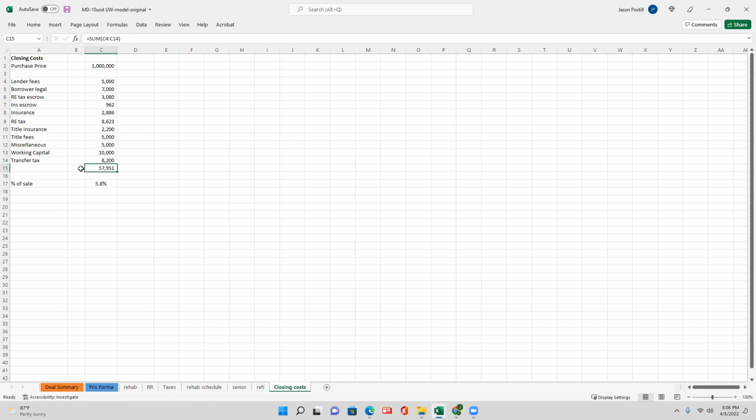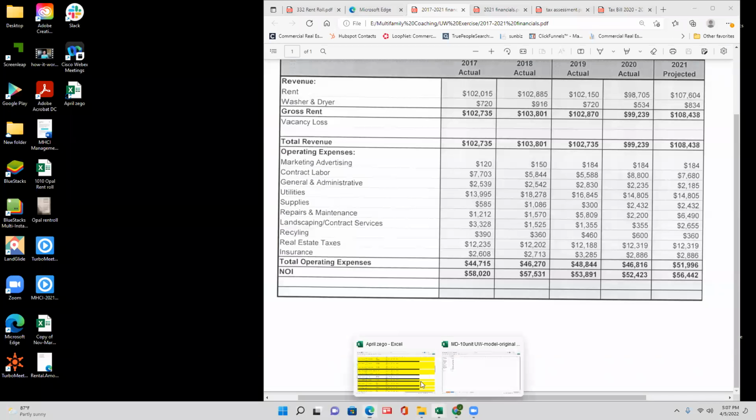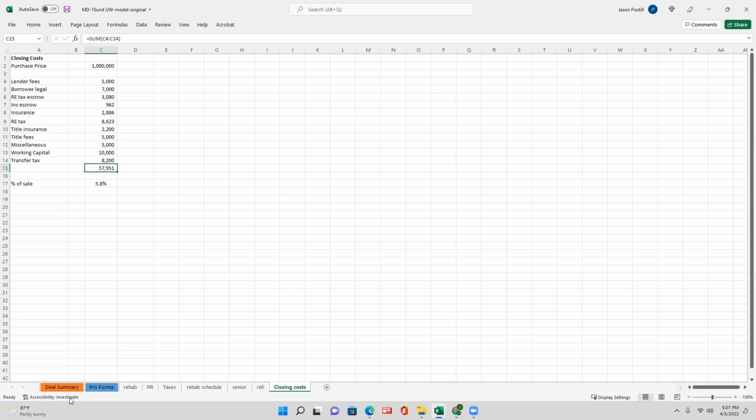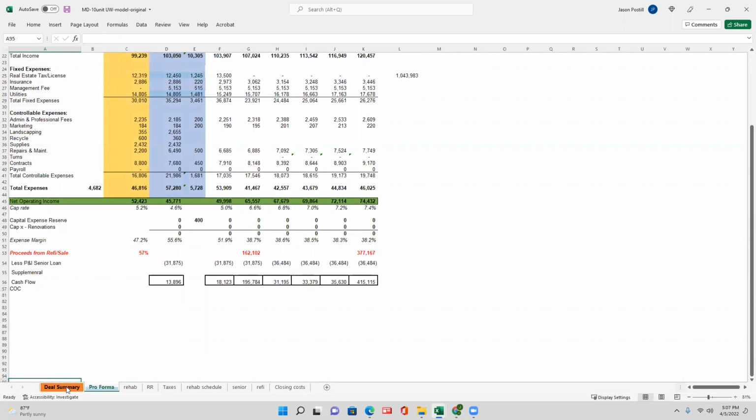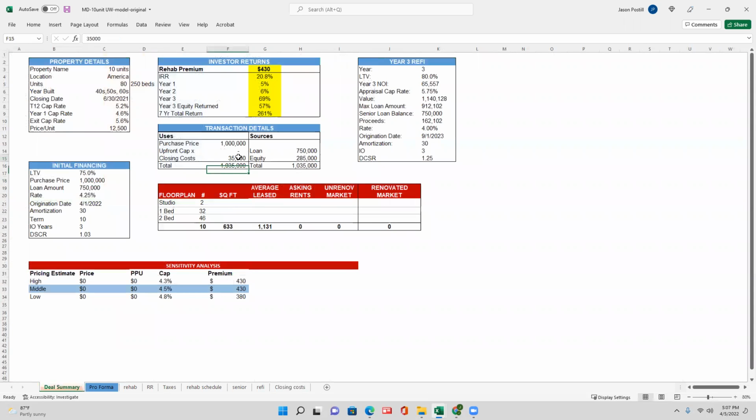Okay, let's go with working capital. Let's go with 57,951. Okay, so now see my equity is 307,951.